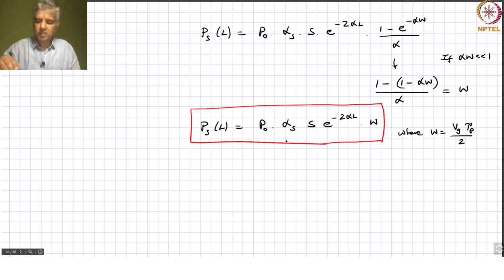But let's just try to see what this corresponds to in terms of real numbers. And before we do that, there is actually a convenient way of representing all of this.